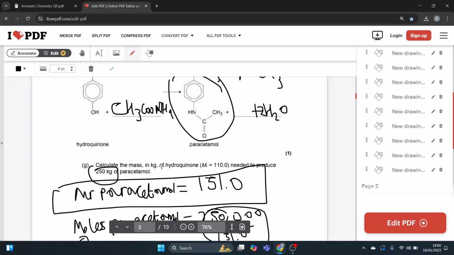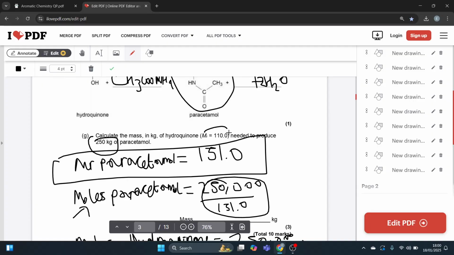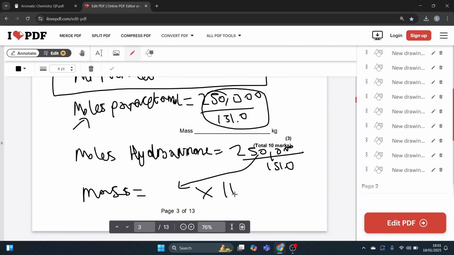Therefore, to find out the mass of hydroquinone needed to produce this much, moles is mass over MR. Therefore, mass is going to be the moles, which I've worked out, times by the MR of hydroquinone, 110.0. Put that in a calculator, boom.